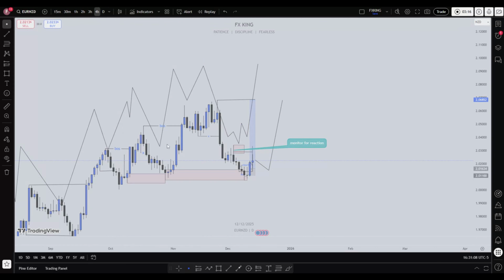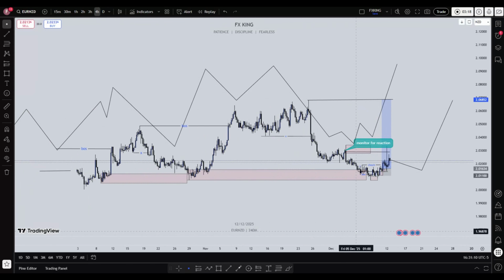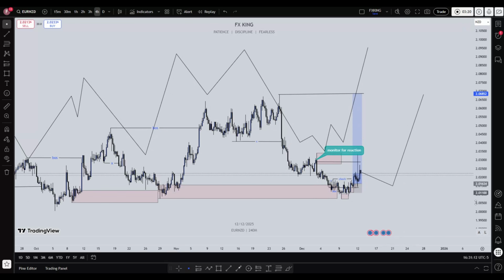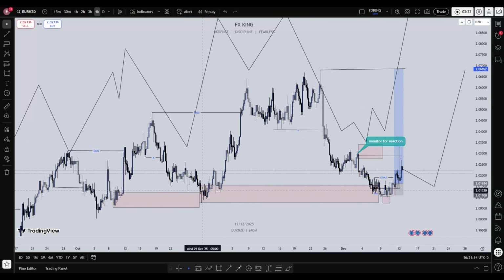Now let's drop down to the 4 hours time frame, right? On the 4 hours time frame, first of all, when I said on the daily time frame my other block was somewhere around here, this is where my other block was. I considered the fair value gap, but on the 4 hours time frame we could refine it down to this zone.